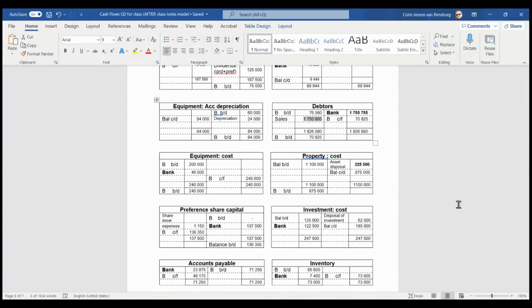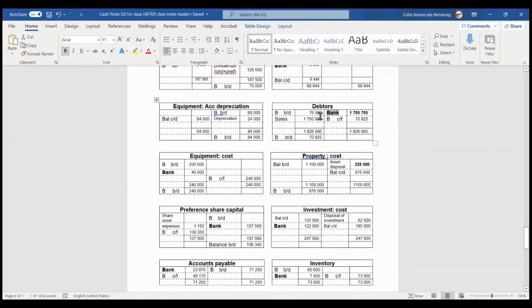So here we can already conceptualize what our contra account is going to be. It's going to be bank. That's why it's been bolded. And you remember we said last week, every time that bank is your contra account, it represents the flow of cash.